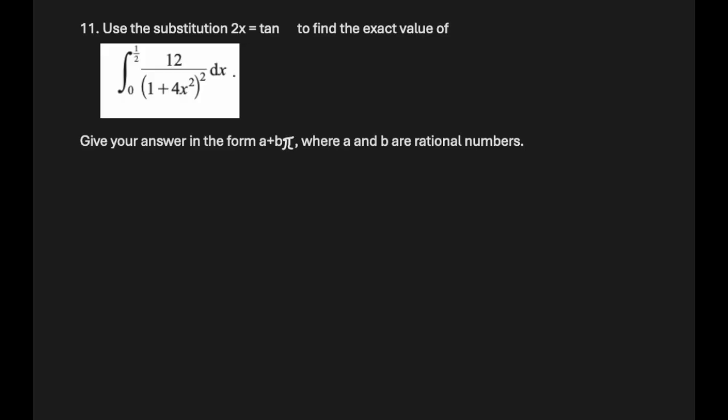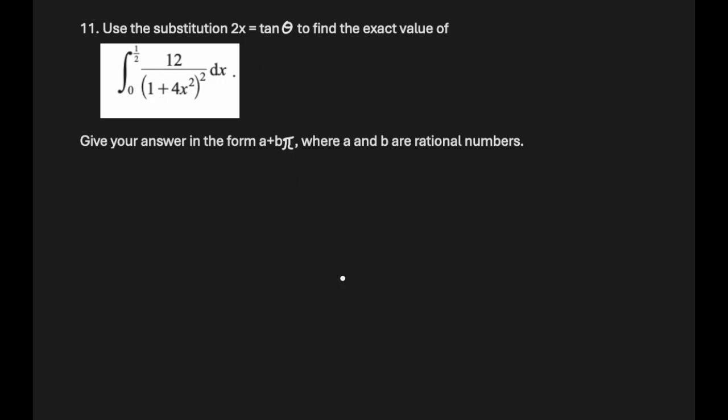Question number 11. Use the substitution 2x equal to tan theta. That's what they're saying. So let me write it, tan theta, to find the exact value of this one, and give your answer in the form a plus b pi. Okay, so first let's see how we can change here.